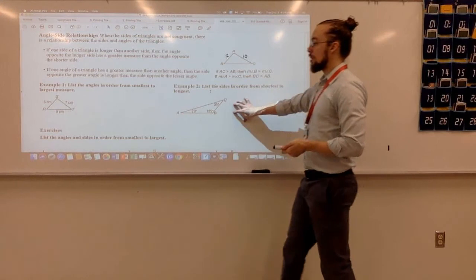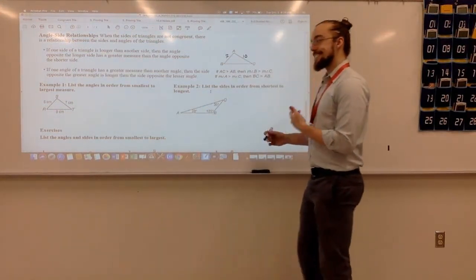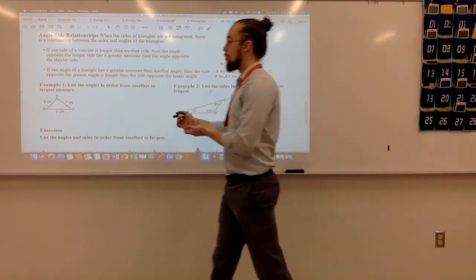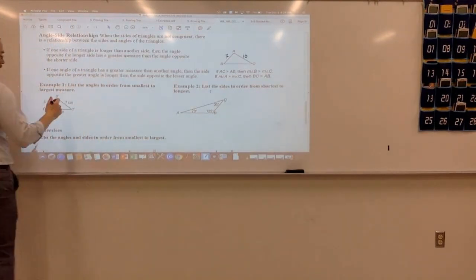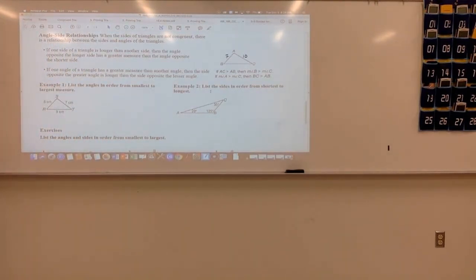So all we're going to do down here, like for example 1, I'm listing the angles in order from smallest to largest. My smallest side is SR. That means the smallest angle in this triangle is angle T, the angle opposite the smallest side.